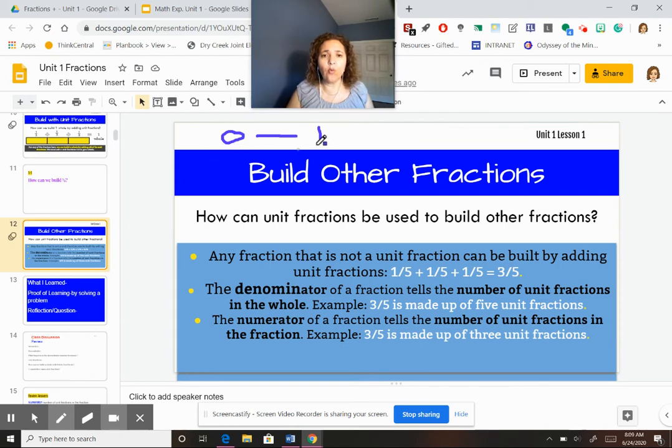Between 0 and 1 is our fraction, okay? So a fraction is a number. It's bigger than 0, but smaller than 1. So what is a fraction? Yes, a fraction is a number that's between 0 and 1. It's bigger than 0, but less than 1.